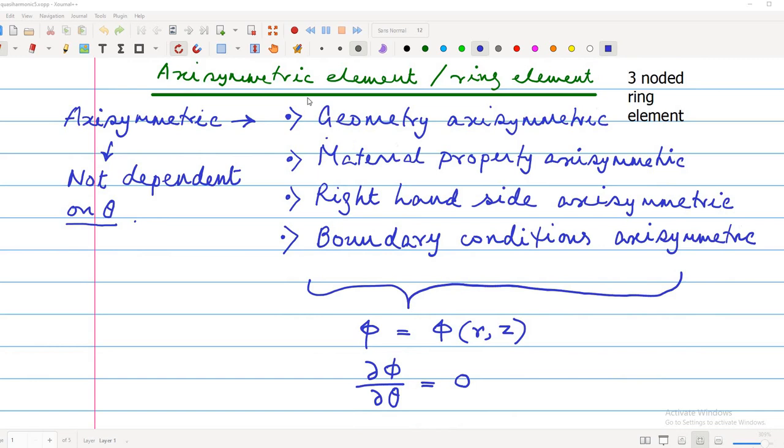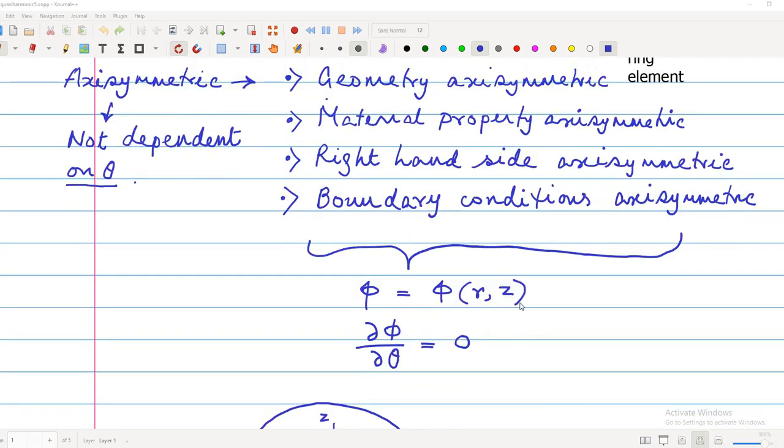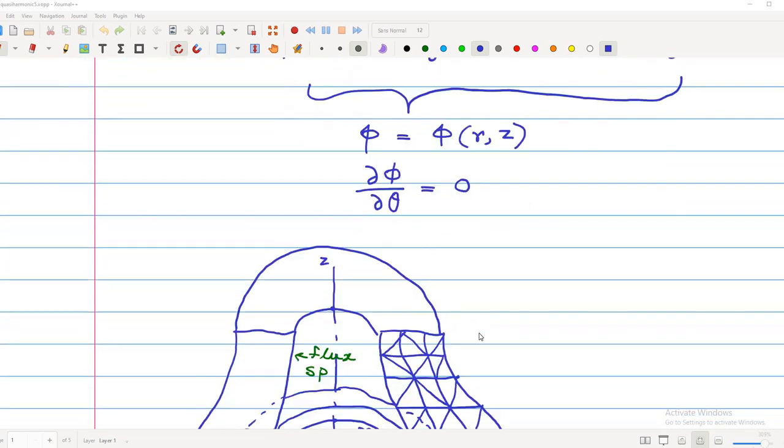If these conditions are satisfied, then the field variable phi is a function of r and z only, and it is independent of theta. That is, del phi del theta is equal to 0.